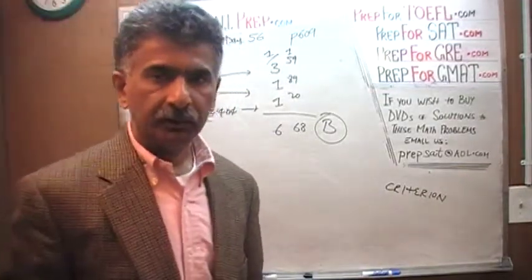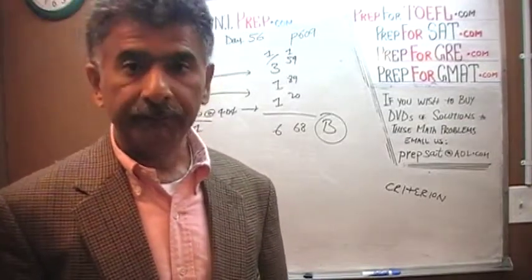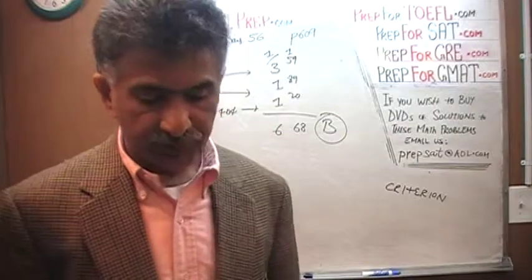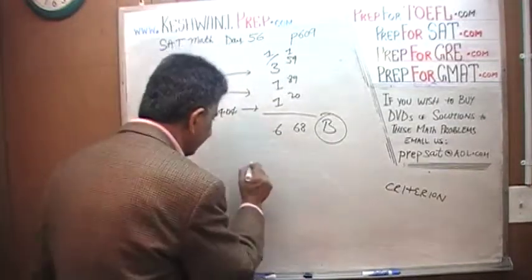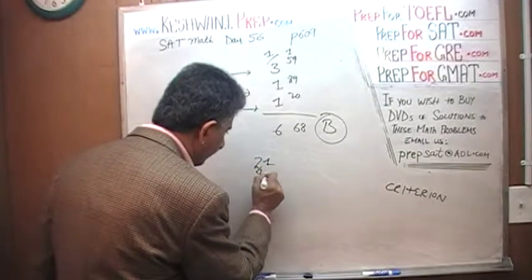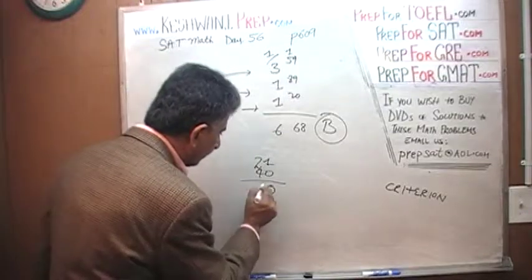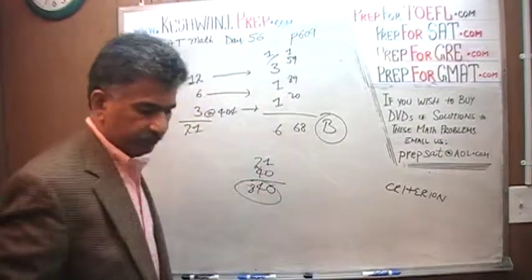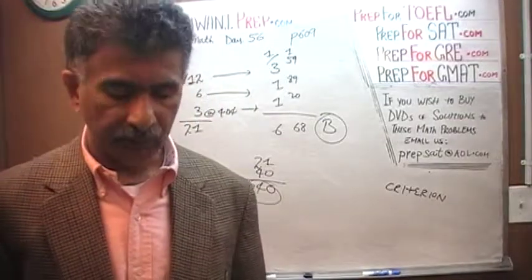You want to buy 21 donuts and you want to spend the most amount of money, buy them individually, one at a time. If you buy one at a time, the chart tells us that one donut costs 40 cents and you will end up spending 21 donuts times 40. And that's where answer choice E comes from. That gives you $8.40. You will end up spending $8.40 if you were to buy them individually.